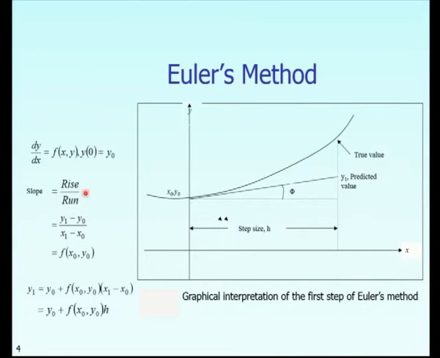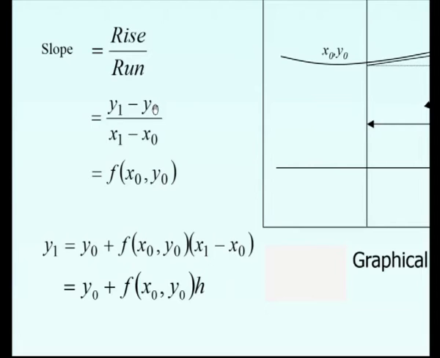It is basically how the function is rising, based on the x difference, that is the run. So, y 1 minus y naught and x 1 minus x naught. Here y naught is nothing but the initial condition, x naught is nothing but the initial point. So, basically the next point is y 1, the first time level, and x 1 is the corresponding time level.